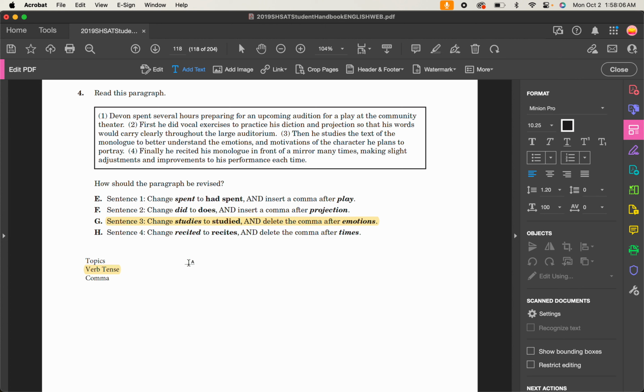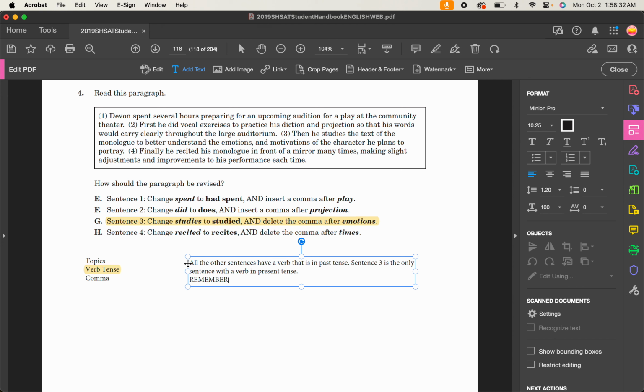Well, the reason behind the answer is because all the other choices, all the other sentences at least, have a verb that is in past tense. Sentence 3 is the only sentence with a verb in present tense.